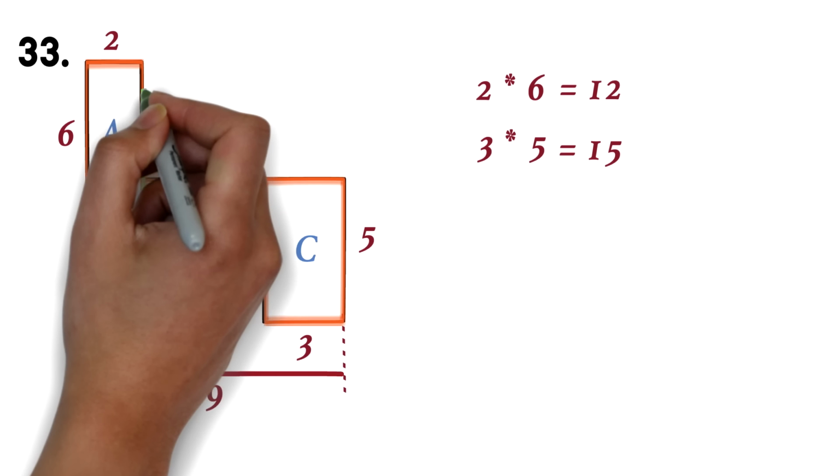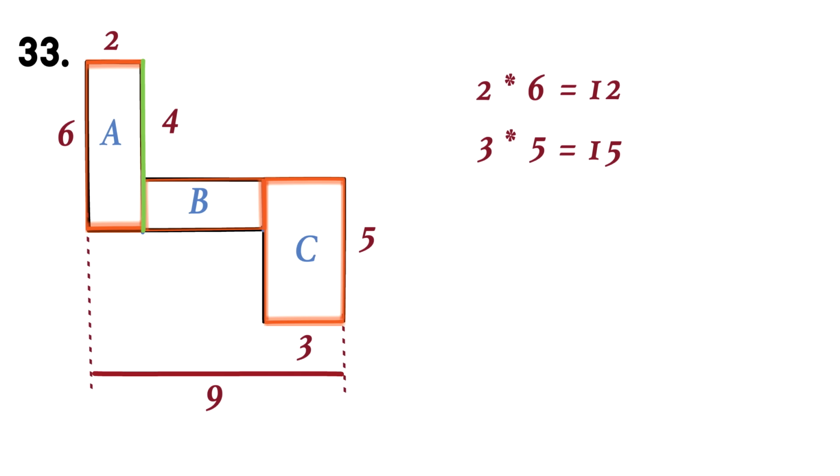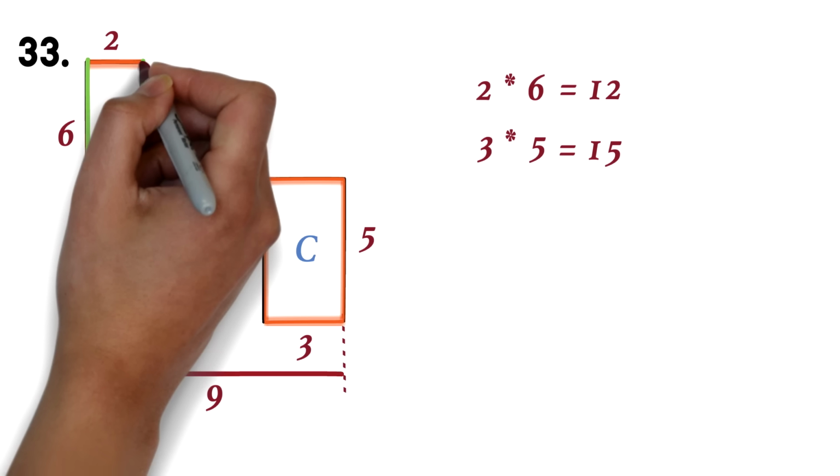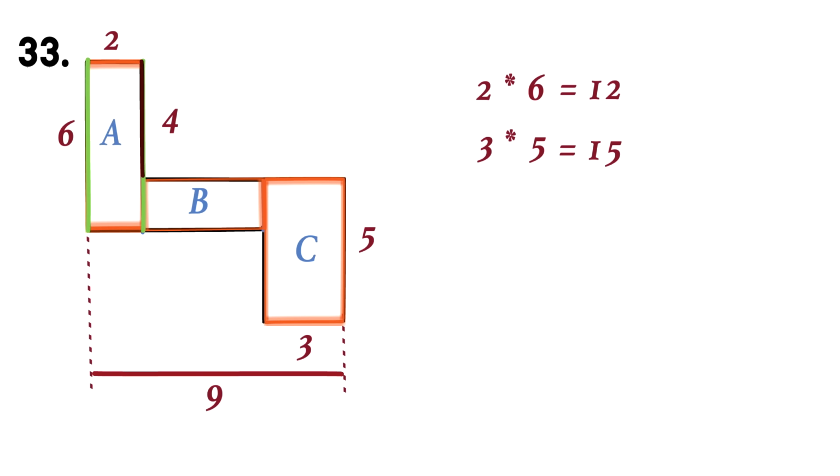We know that from here to here is 6, since in a rectangle, the opposite sides are equal. If the whole side is 6 and this is 4, then the side left will be 2. We do the same for this side.